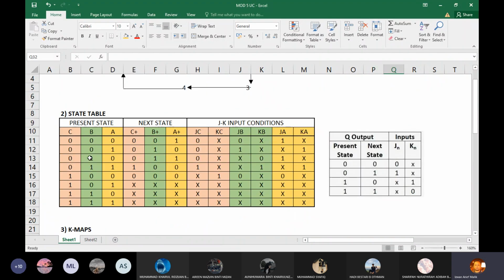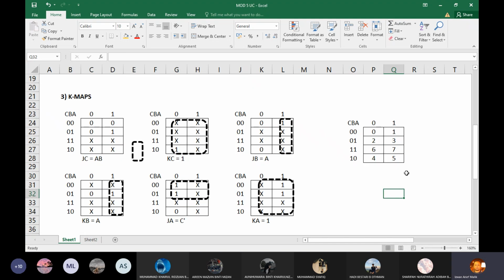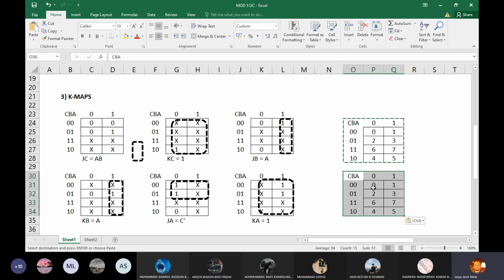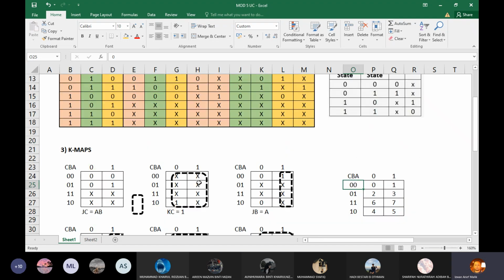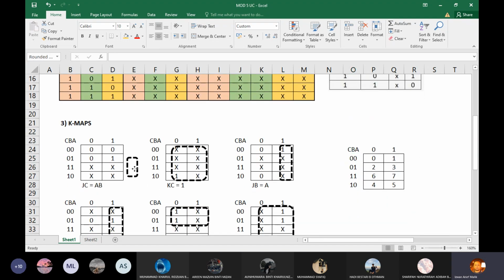How do you know? You read the numbers outside. 000 is zero. Oh, I can't, I need to change the setting for it. Just read it from these numbers outside. So fill this one in. And then this K-map can be grouped as this group. So this is B and A. So AB for JC.